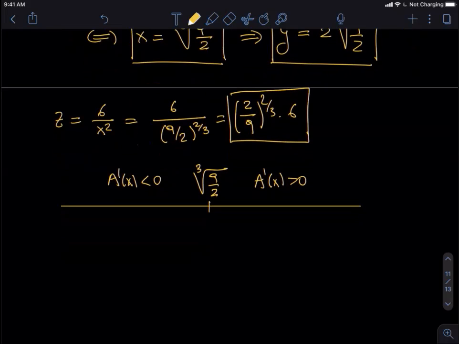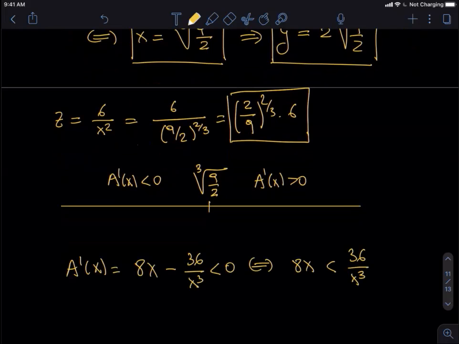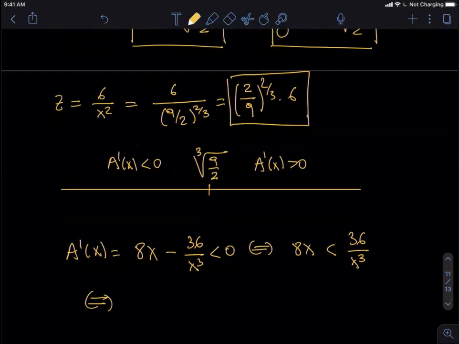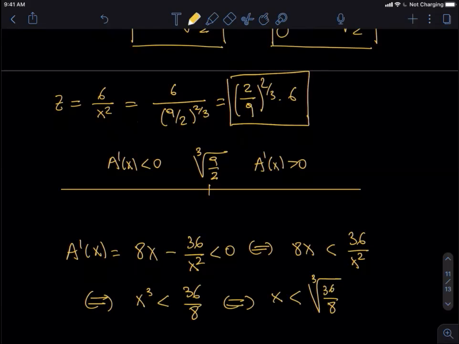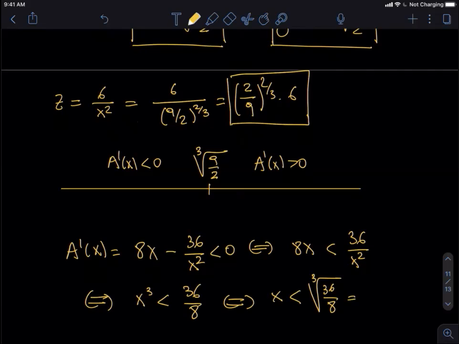So A prime of x equals 8x minus 36 over x squared, less than 0 if and only if 8x less than 36 divided by x squared, if and only if x to the power 3 less than 36 divided by 8. That means x less than the cubic root of 36 divided by 8, which is our 9 halves.